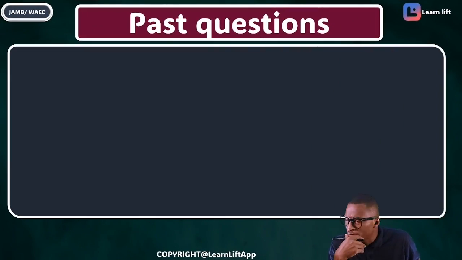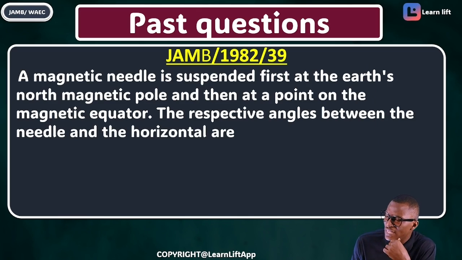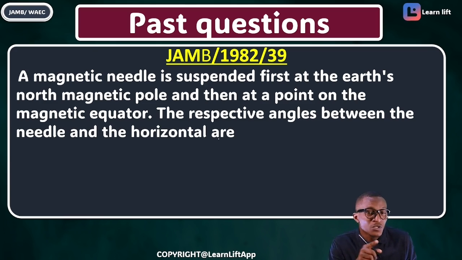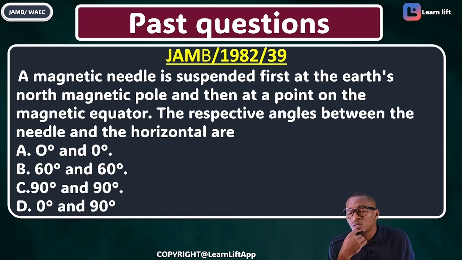Let's take one or two past questions first. JAMB 1982 question 39. A magnetic needle is suspended first at the Earth's magnetic pole and then at a point on the magnetic equator. The respective angles between the needle and the horizontal are: A, 0 degrees; B, 60 degrees; C, 90 degrees; D, 90 degrees.